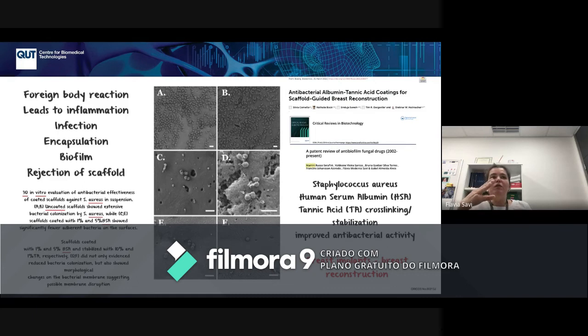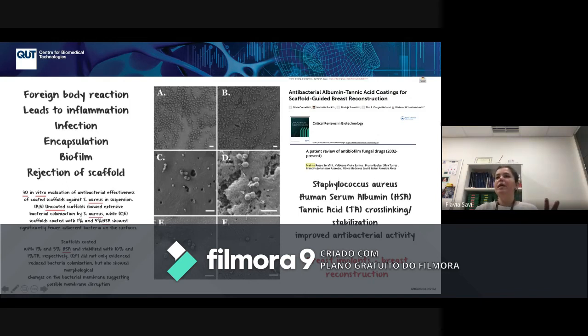This biofilm would cause a rejection of the scaffold because, as you may know, the biofilm is really hard for the cells to penetrate, because you encapsulate it and then you have another layer of film that is going to encapsulate it, and it's going to be closed.